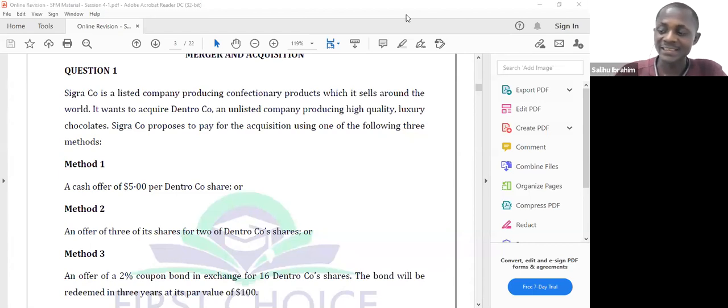Synergy is a term that is used to describe the additional benefit that will accrue to the company when two companies come together to operate as one entity. So the additional benefit that will accrue to the enlarged company is what we call synergy. Basically it is given as 2 plus 2 is equal to 5.